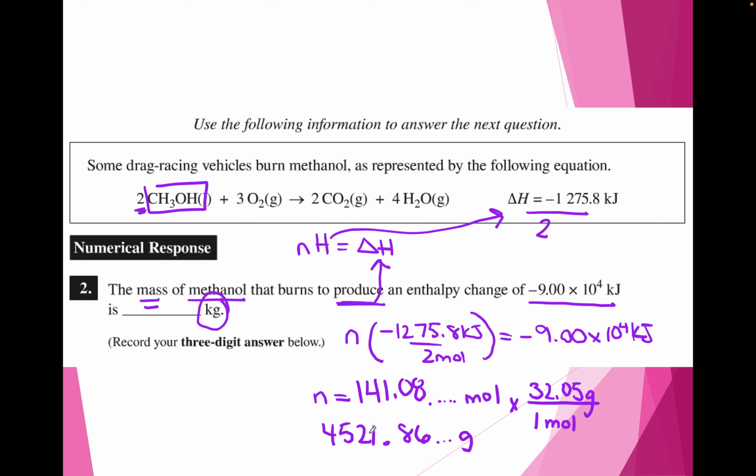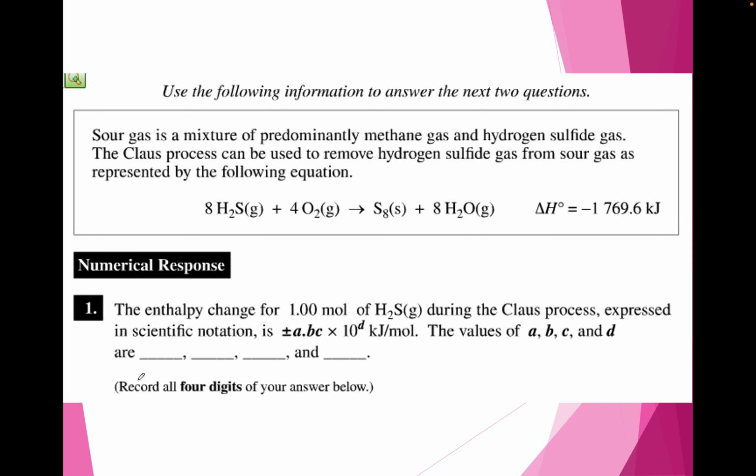And then I will keep 3 significant digits because this value I'm seeing given in the question has 3 sig digs. So my answer would be 4.52 kilograms. So that would be my total answer from this question.